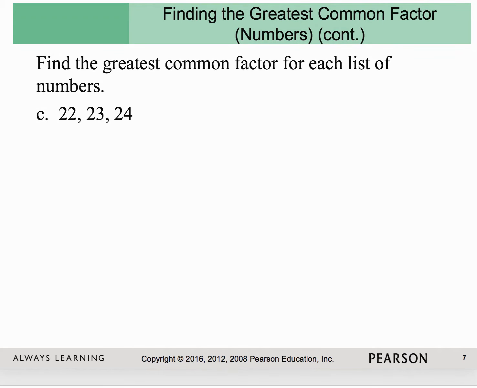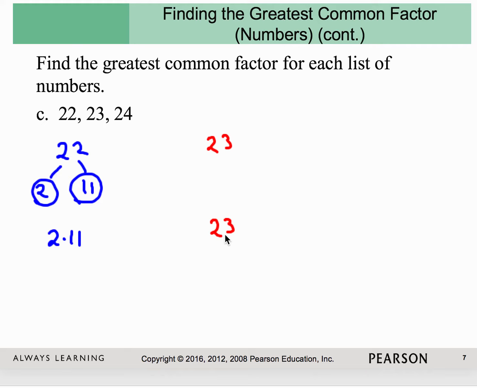Okay, let's do it one more time. 22 is 2 times 11. Those are both prime, so I'm done with that one. 23. I'm done with that one. It's a prime, right? It doesn't have any factors.